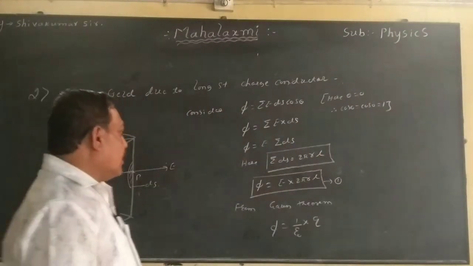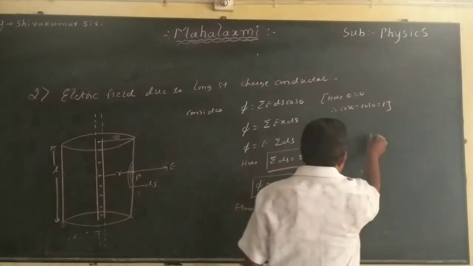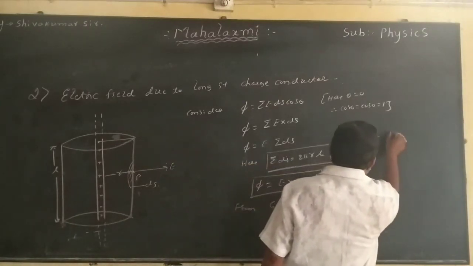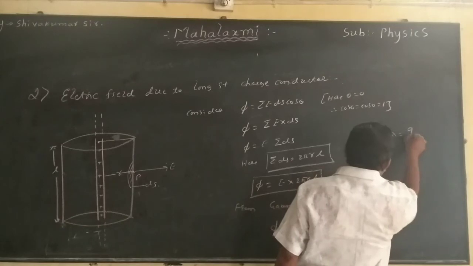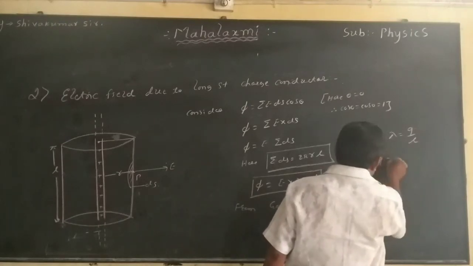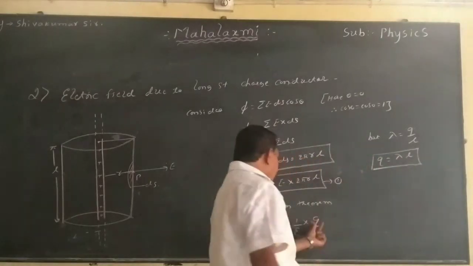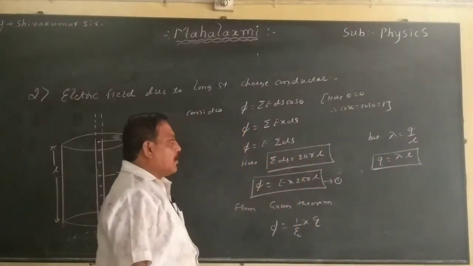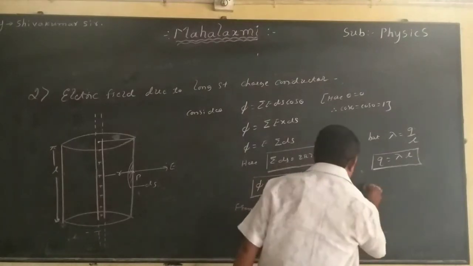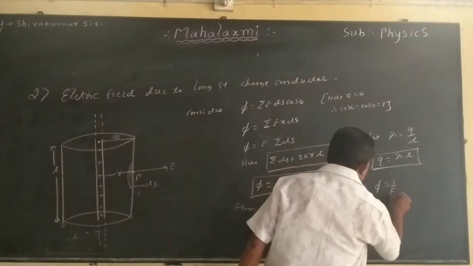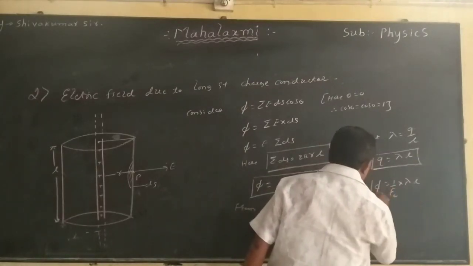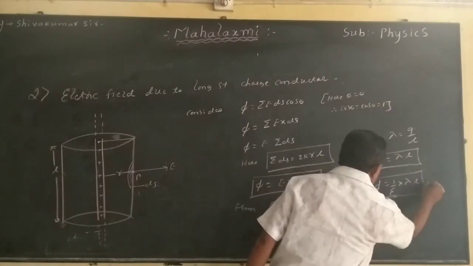Lambda equals charge per unit length, I need Q. Q equals lambda into L. Therefore, phi equals 1 by epsilon naught times lambda L. Shall I call this equation number 2? Yes.